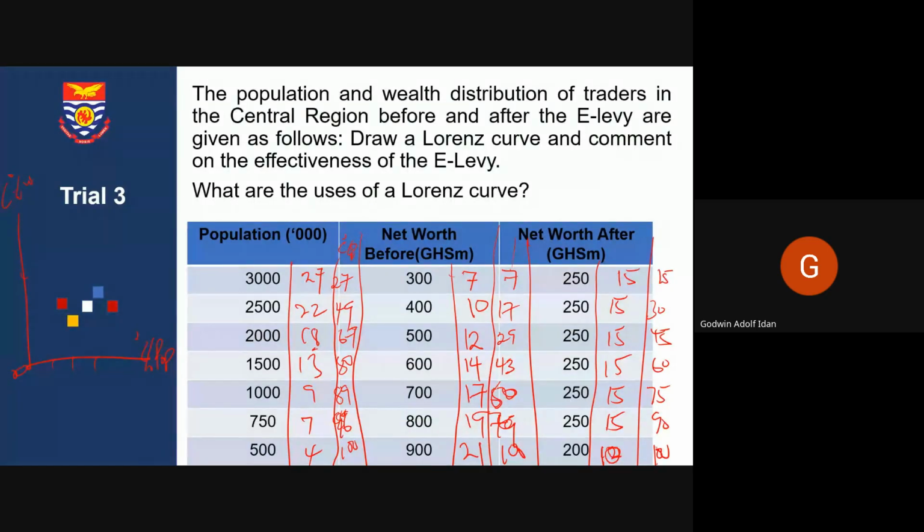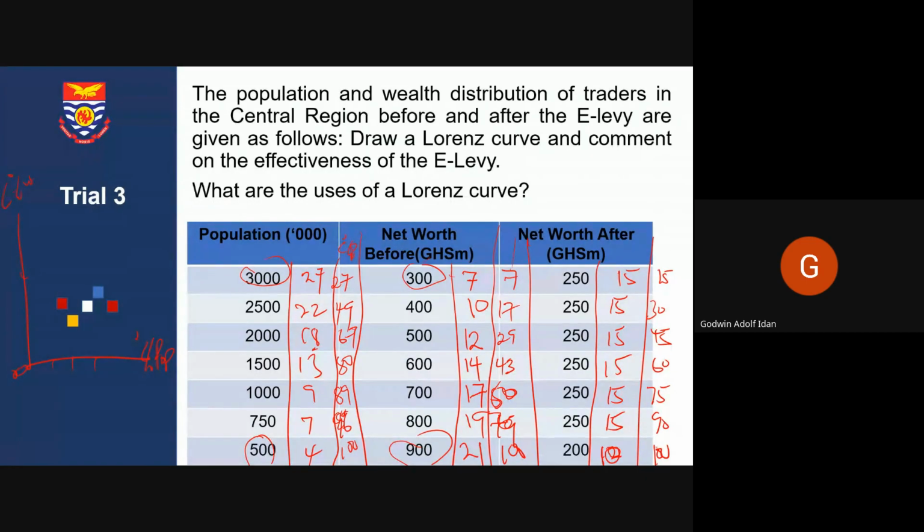If you look at this one, the majority of the population are receiving 300 cedis per month. Let's assume that. And then few people are receiving higher salaries. That is how normally the organizational structure is. As you climb up the organizational structure, you have few people working there, and these few people usually receive the highest share of the salary that is being paid.